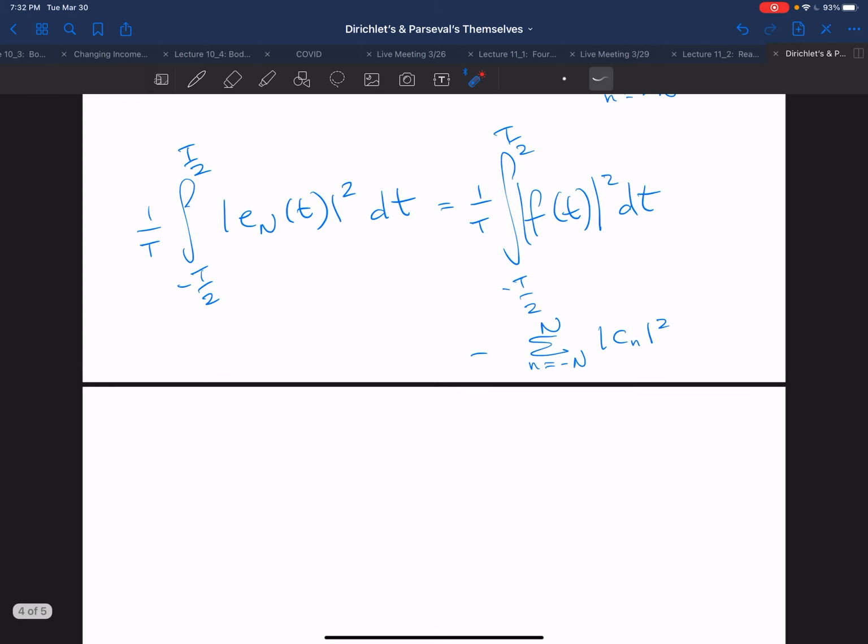We can, in some sense, characterize the power in the error signal, and we can see how the power in that error signal decreases as we add terms to our partial sum. Let's look at the result for the square wave.